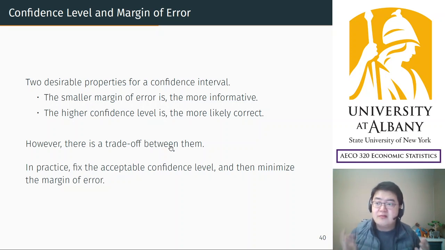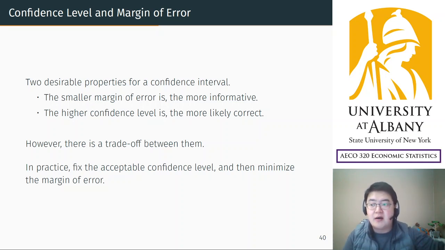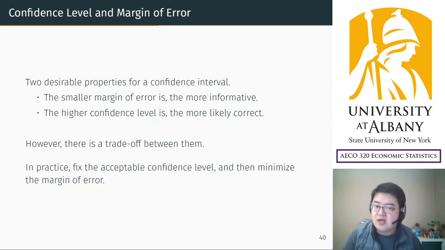So then we have to balance them. We have to balance how much we sacrifice in one dimension and how much we sacrifice in the other. In practice, the way we balance them is to fix the confidence level first. Confidence level is the probability of correct estimation, and you set the target first.